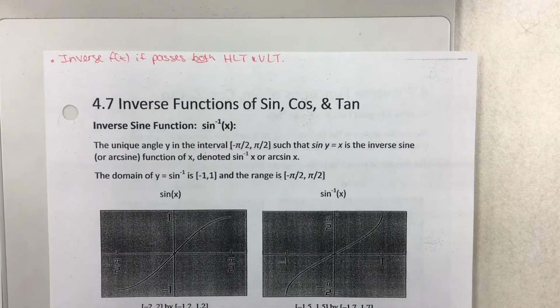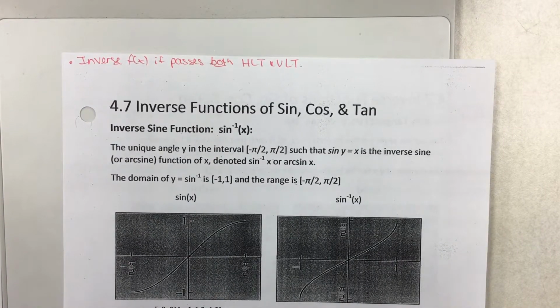Okay, so that's a definition of a function. A function has to pass, remember that check to see if something's a function, the vertical line test? Well, we know that if we have a parent function that can pass both the vertical and the horizontal, then its inverse is also a function. Okay, so that's just the definition of how to determine if a parent function and its inverse both are functions.